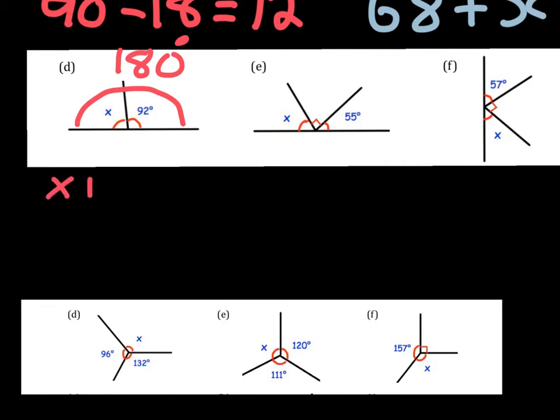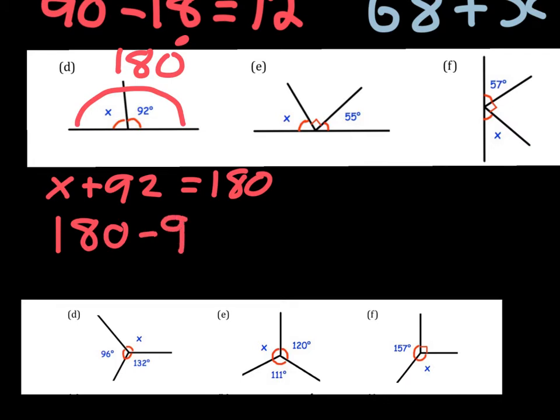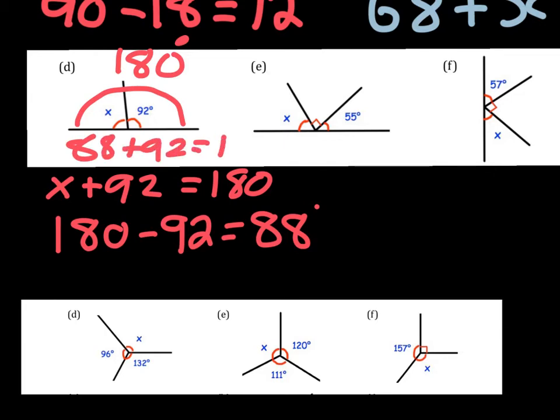So x plus 92 equals that 180 degrees. Same principles, 180 minus 92 to give you the missing angle of 88 degrees. And again, you can always double check. 88 plus 92 equals 180.